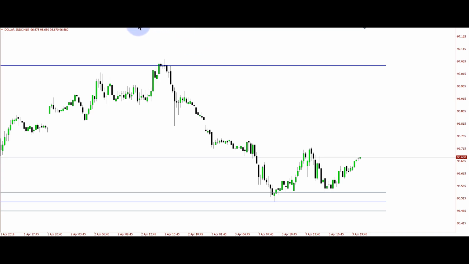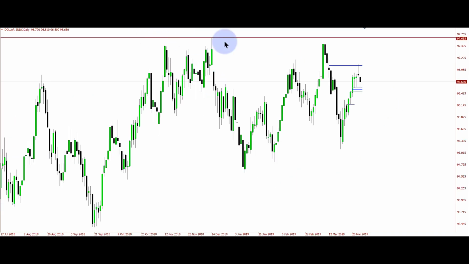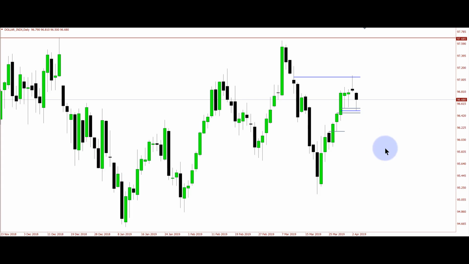Let's go back out to the daily. What I want to see is what we do the rest of this week. Now, I'm not trading anymore. I did a clinic today on institutional order flow on intraday price action. So what I want to see this week is, are we willing to go below this swing low here? And if we do, we'll be going back into this order block in here.